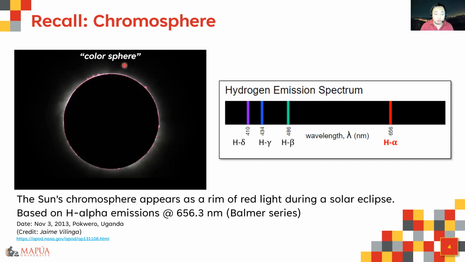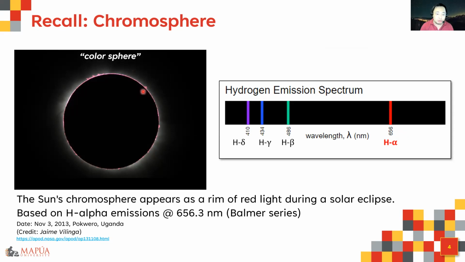That's why it's called the chromosphere. If we take the spectrum of this light, we can see hydrogen emission lines. We call this the Balmer series. It appears red because it corresponds to the 656 nanometer spectral line of the hydrogen emission spectrum. We call that the H alpha.